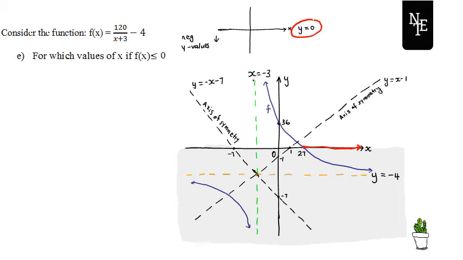But then this x value of -3 is a vertical asymptote, so it's never going to touch that vertical asymptote. So basically what we're talking about is all these x values here from 3, but not including 3, so we have an open circle over there. And then we're talking about all these x values less than 3.